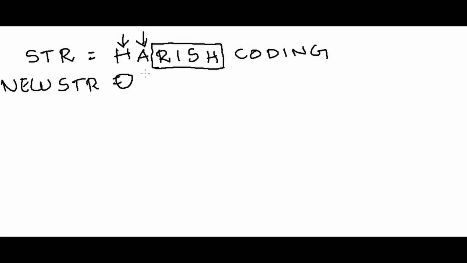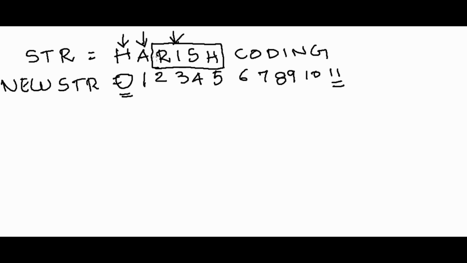The index of A is 1, then 2, 3, 4, 5, 6, 7, 8, 9, 10, and then 11. So the starting index is 0 and the ending index is 11. We have to copy this particular RISH alone.